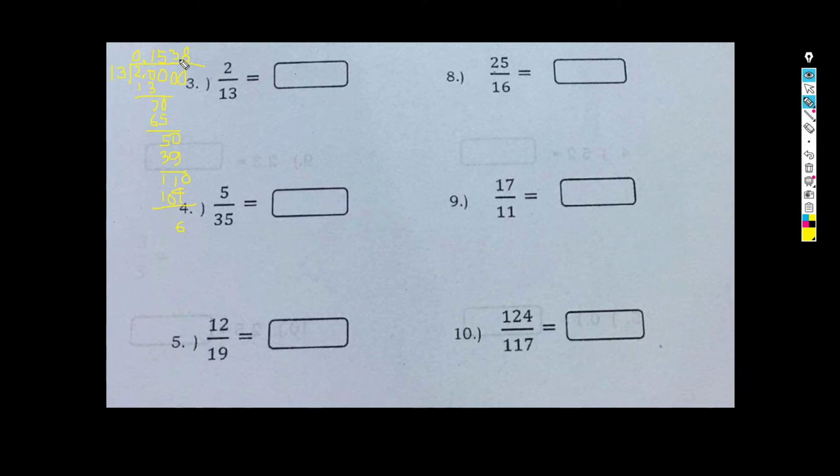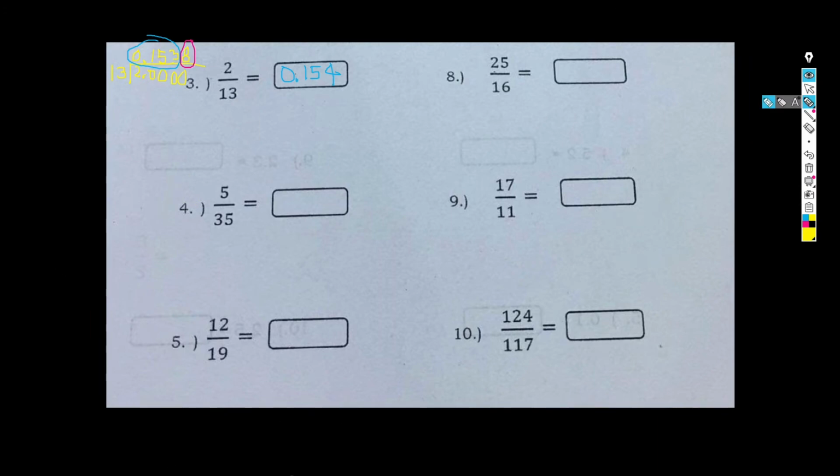Okay, but we focus on the 3 decimal places as required, as the answer is to be rounded off in the thousands. Okay, 0.153, but you can see that there's an 8 here, more than 4, so we will add 1, so the answer will be 0.154.